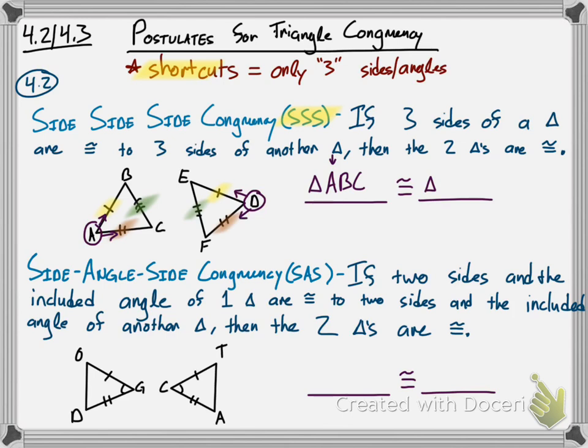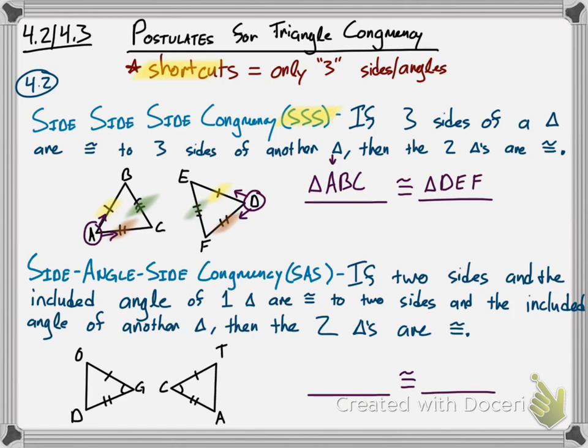So we know D and A are going to go together. E is the angle that matches up to B. F will be the angle that matches up to C. So when writing your congruent statements, be careful of the order, especially of the second statement.